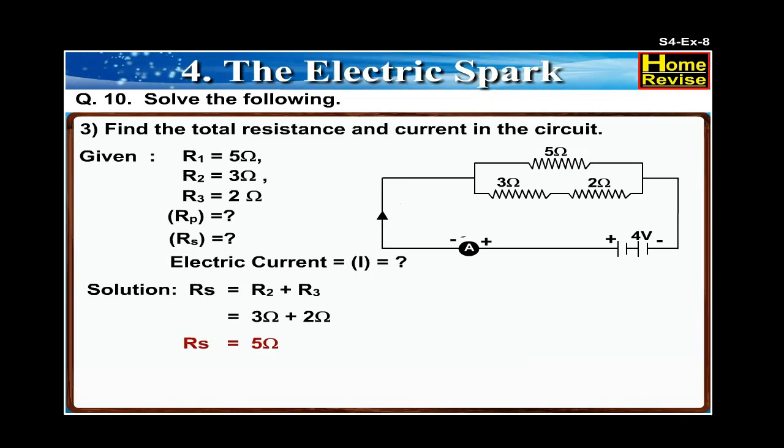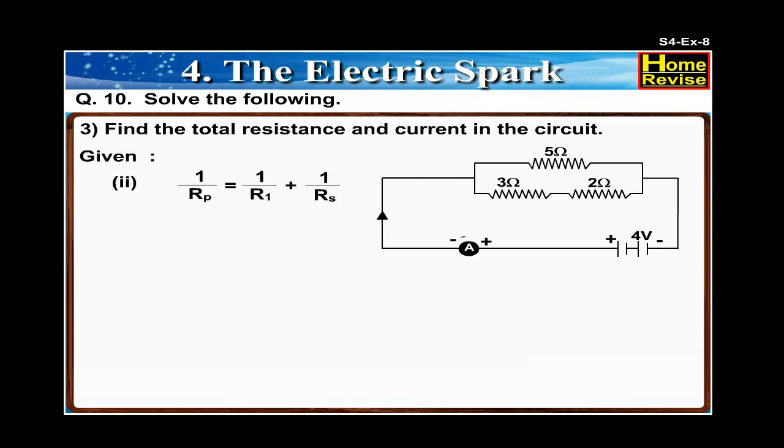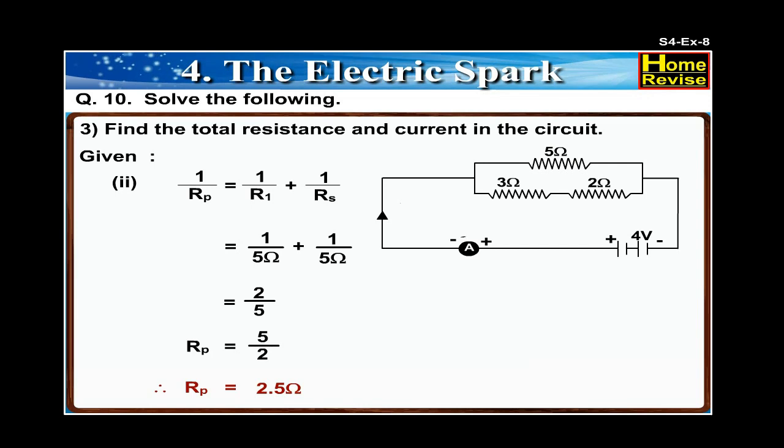So, Rs is equal to 5 ohms. Second, 1 upon Rp is equal to 1 upon R1 plus 1 upon Rs, which equals 1 upon 5 ohms plus 1 upon 5 ohms, which equals 2 upon 5. Rp is equal to 5 upon 2. Therefore, Rp is equal to 2.5 ohms.